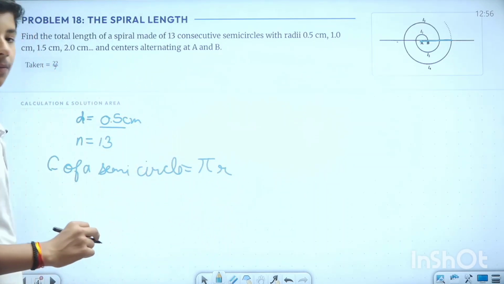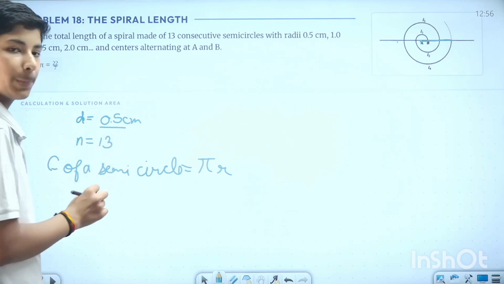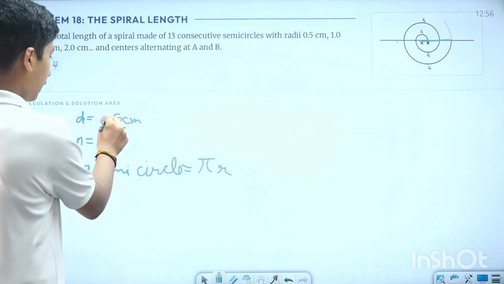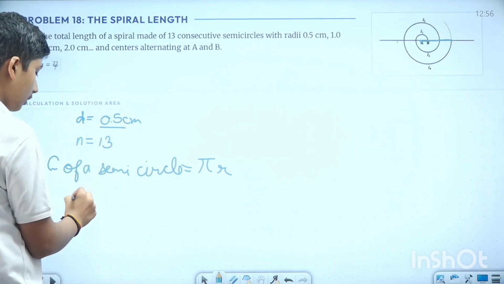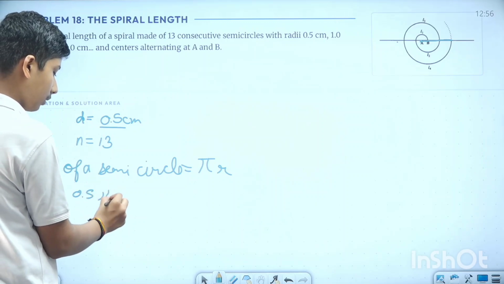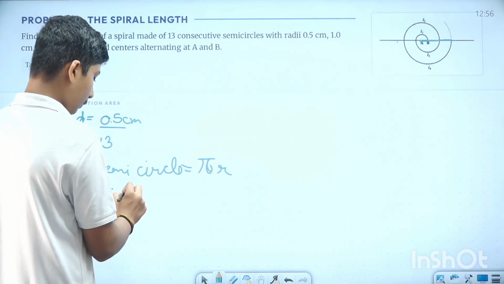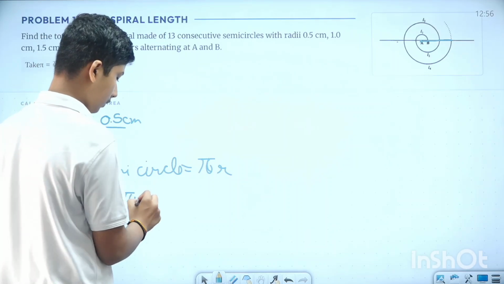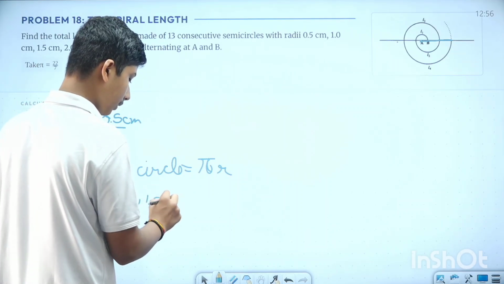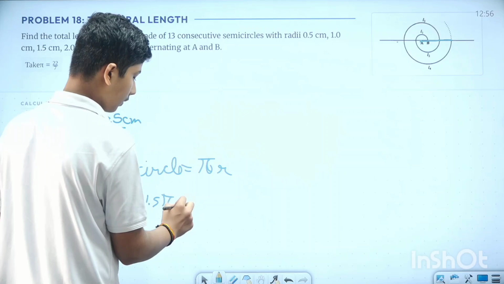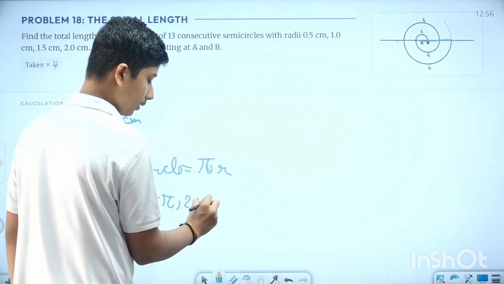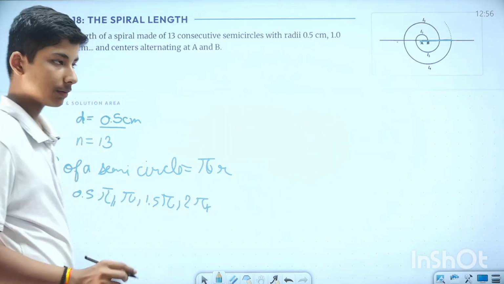So firstly it is 0.5 pi, then pi, then 1.5 pi, then 2 pi, and it is going on.